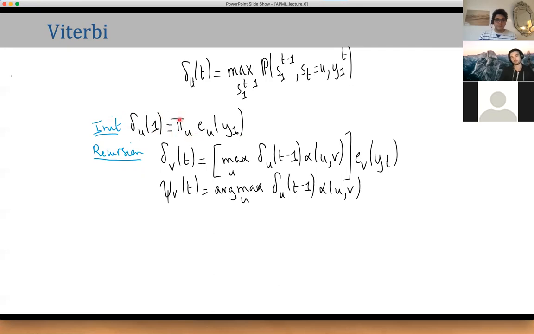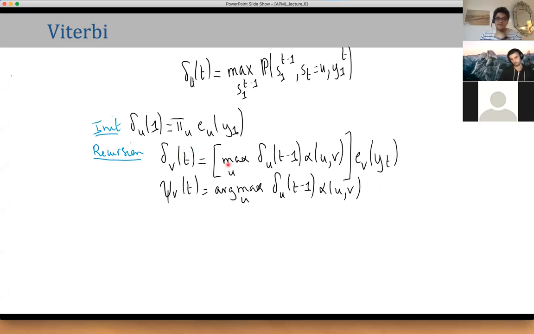That's just the probability of starting with state u, so the initial probability of the Markov chain times the emission probability. And then the recursion for our best score, the best score landing on state v at position t.